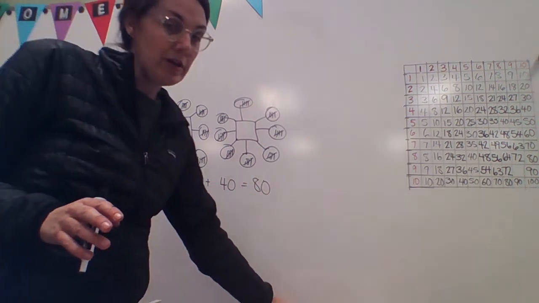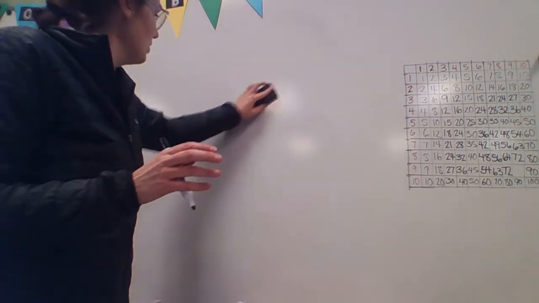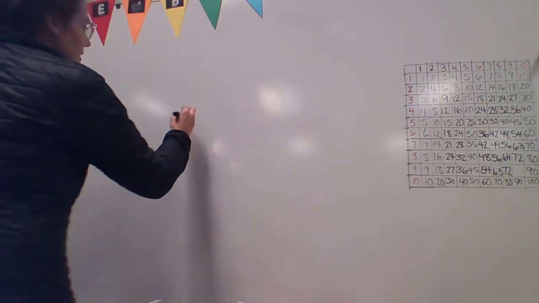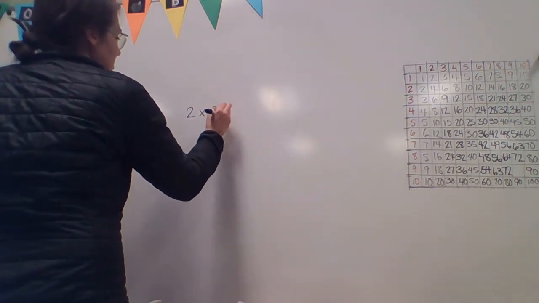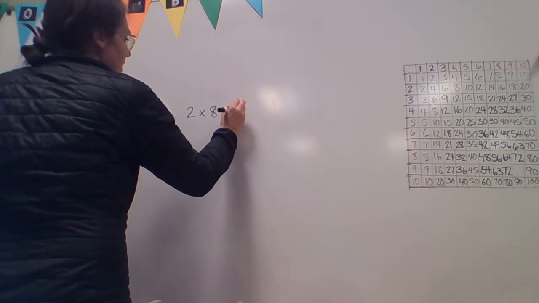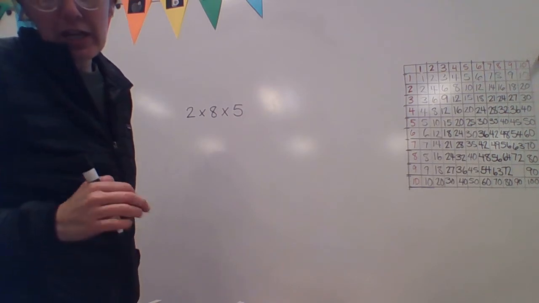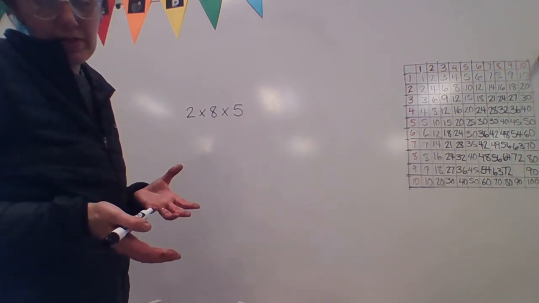But let's go ahead and look at how the book is telling us. So for the first model it, they're saying we have 2 boxes times 8 bunches in each box times 5 bananas in each bunch. We can go ahead and change the order of the numbers, and we can group them differently as well.